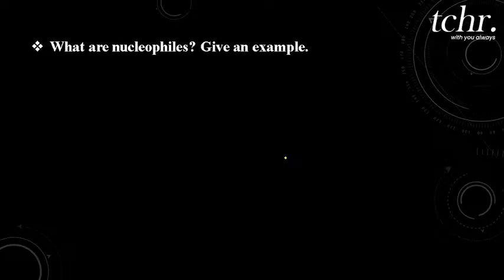Then what are nucleophiles? Nucleophiles, you can understand, are electron rich species. Is that clear? The exact opposite of electrophiles. Nucleo means what? Nucleo means nucleus. Philes means, as I told, loving. So nucleus loving, correct?